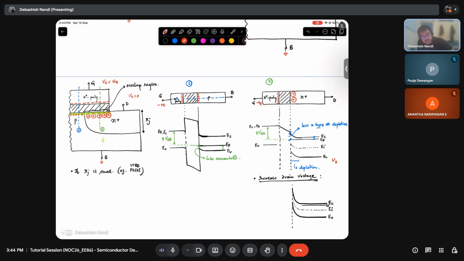VD increase means all these bands are going down. Do you agree with that? Yes, sir. That means more band bending at the interface.